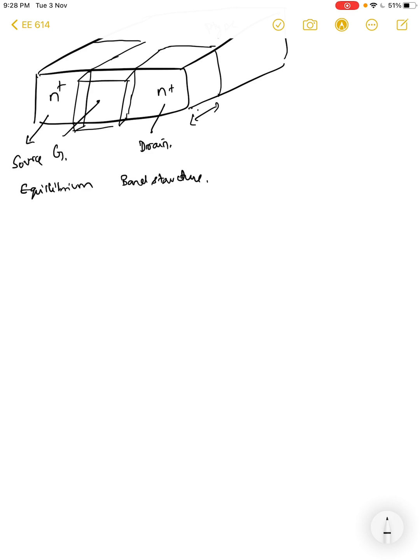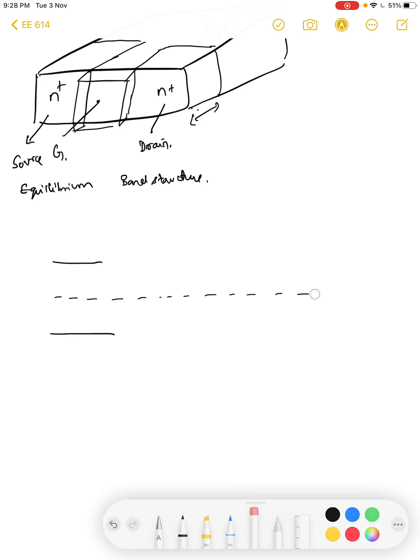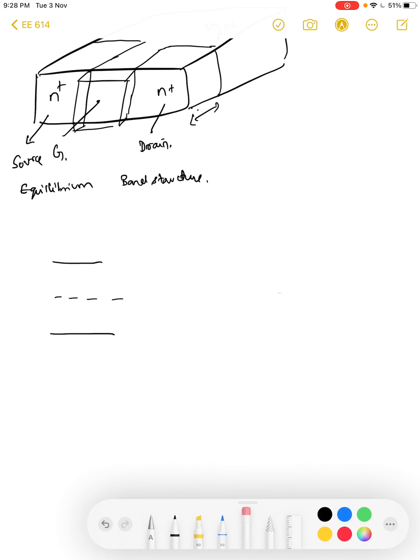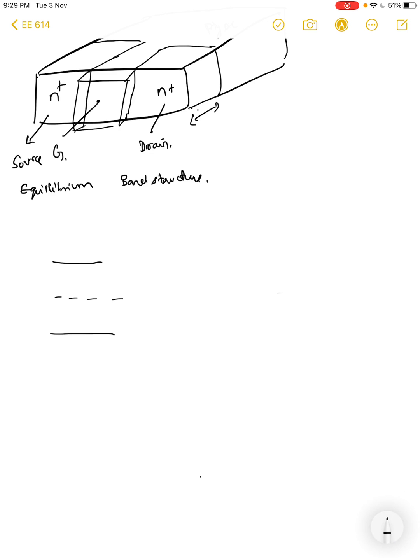So the N plus region is something like this. You have the intrinsic layer. We have a source side, and now we have the channel is now PMOS, right? So it's this area I'm talking about.